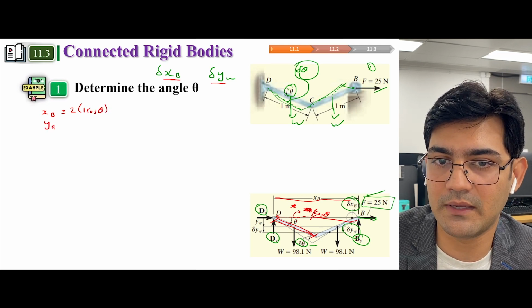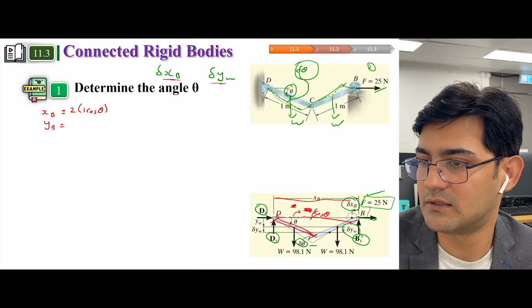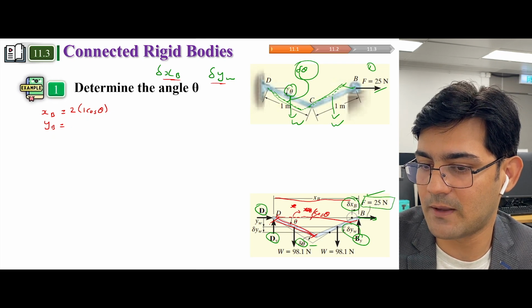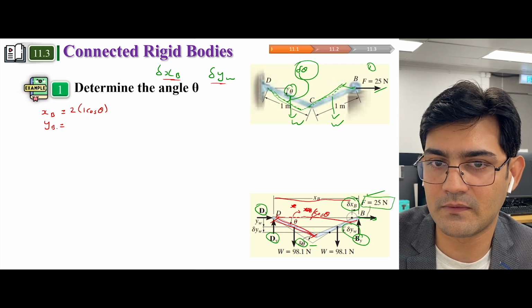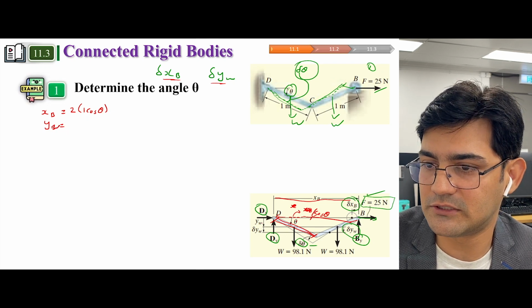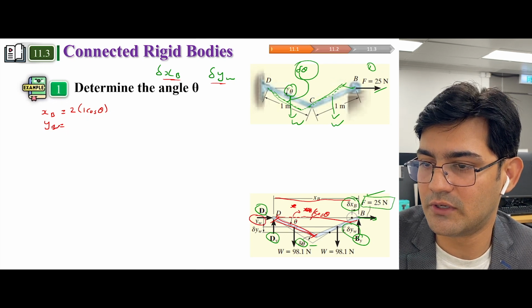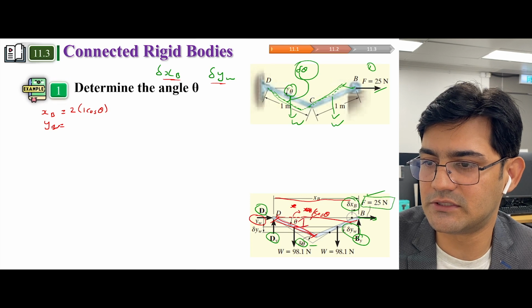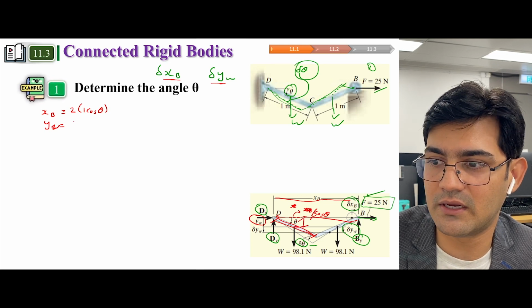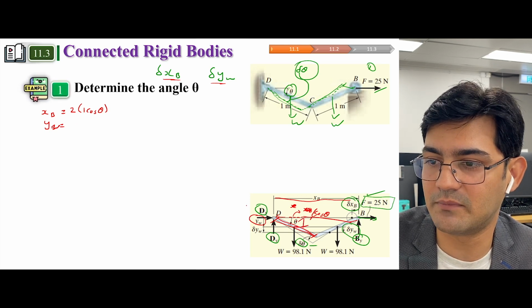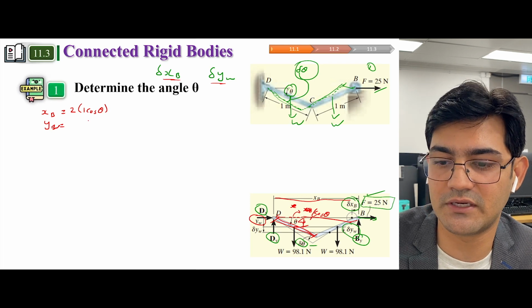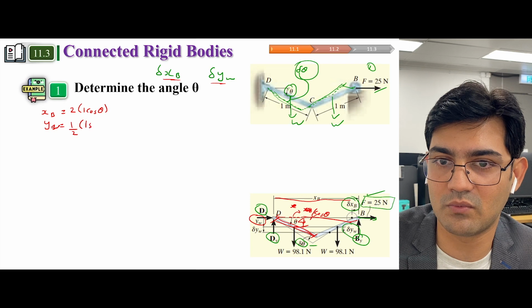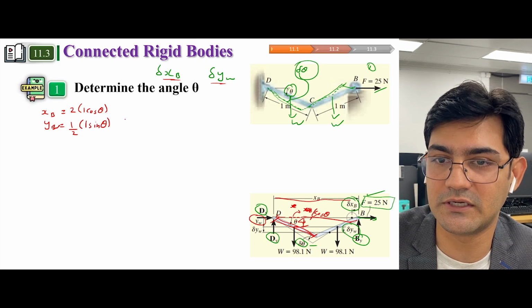Similarly, yw, you can calculate this. This yw is this distance, and we can calculate it by using sine, because this is theta and the opposite of theta should be sine, and since it's half, here we can calculate 0.5 sine theta.